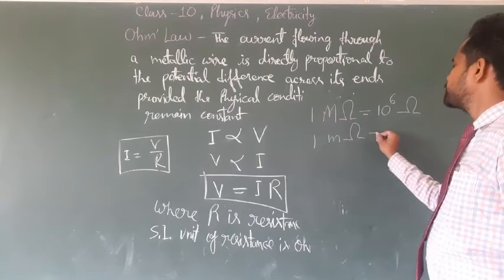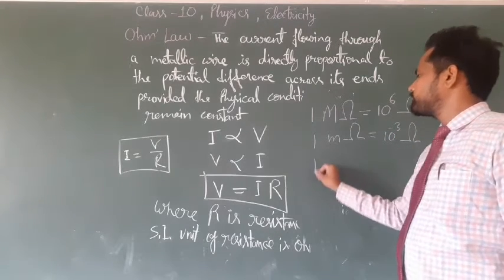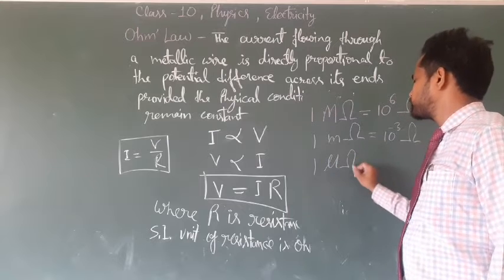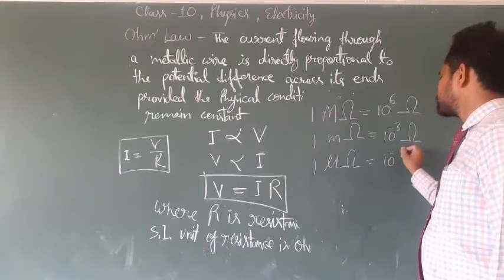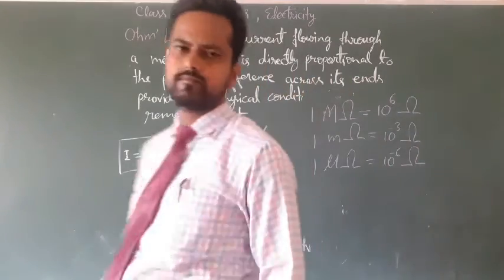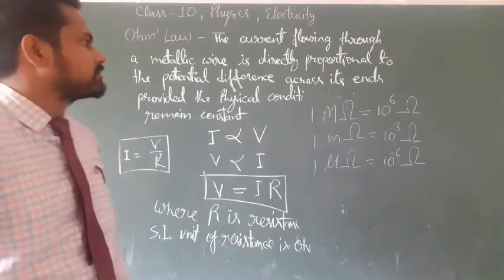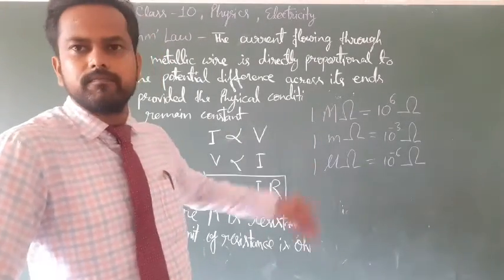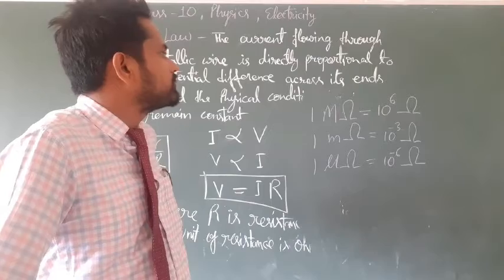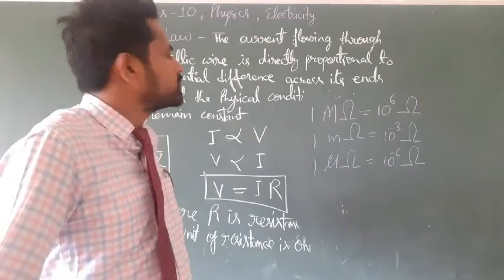So 1 milli ohm is equal to 10 to the power minus 3 ohm. 1 micro ohm is equal to 10 to the power minus 6 ohm. This formula helps you when you solve a numerical problem related to Ohm's law.